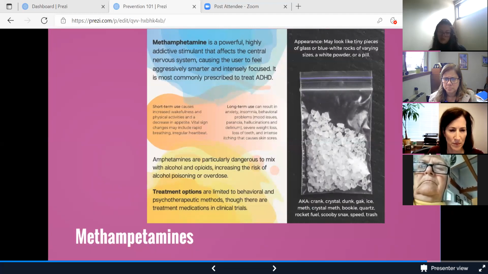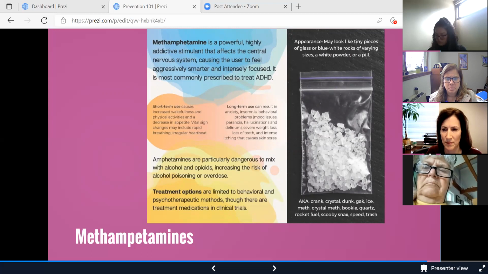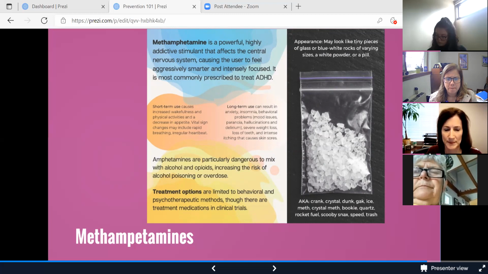Methamphetamines are commonly prescribed medications for disorders such as ADHD, and they are also considered dangerous when mixed with alcohol and opioids, as you risk a higher risk of alcohol poisoning and overdose. If you look at the picture here to the right, this is commonly what methamphetamine looks like. It may look like tiny pieces of glass or blue and white rocks. However, it can also be crushed up into a white powder or taken as a pill.